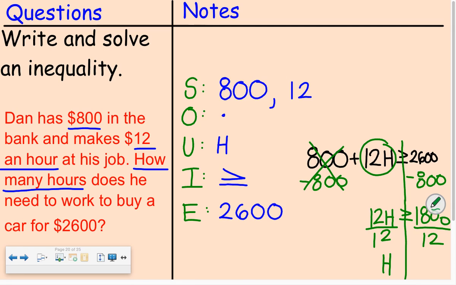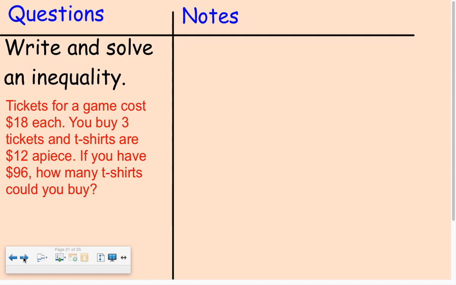So h is greater than or equal to 150. So that means Dan has to work 150 hours or more at his job in order to purchase the car.